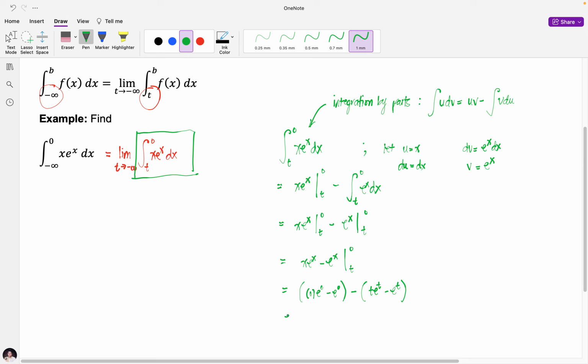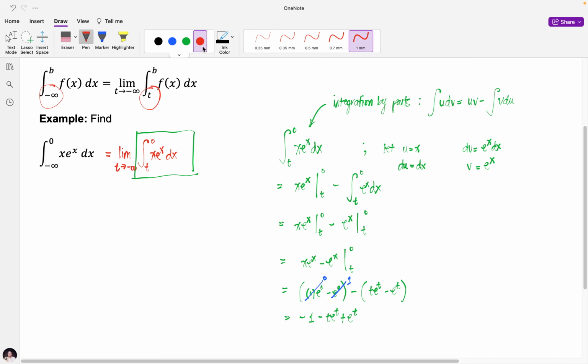Therefore, the first term is 0 while this is 1. So that means that we have negative 1 minus this one, t e raised to t and plus e raised to t. Okay, so this is now the result if we will evaluate the definite integral.